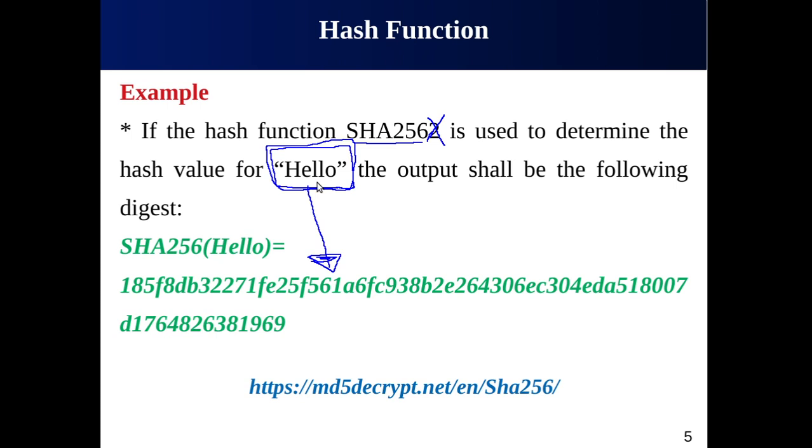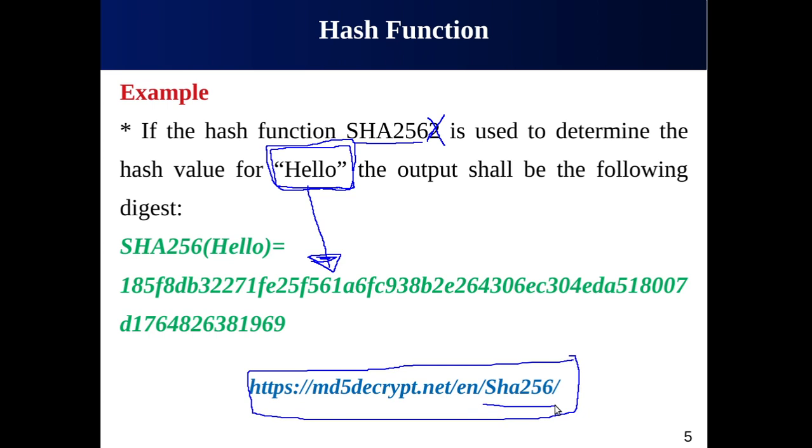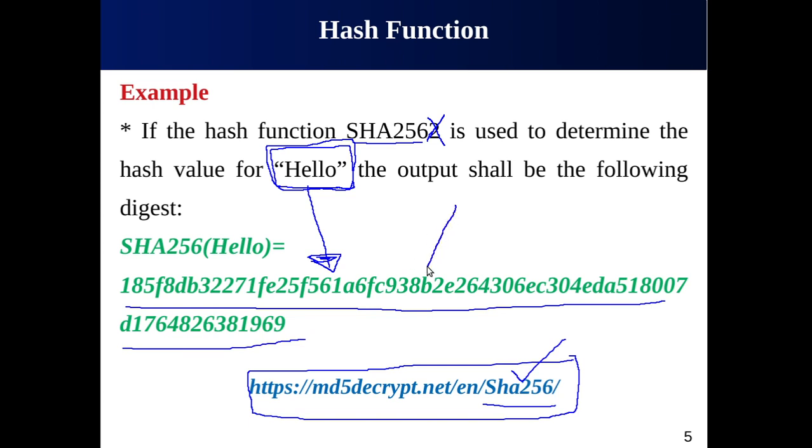You can try this example on this website as well. This website has different security algorithms available, and one of them is SHA-256, so you can try it. Just go to this website and then encrypt this hello by selecting the SHA-256 algorithm, and you will see it will generate this output for you. Now if you send this output toward the receiver, then the attackers would have no knowledge about this.